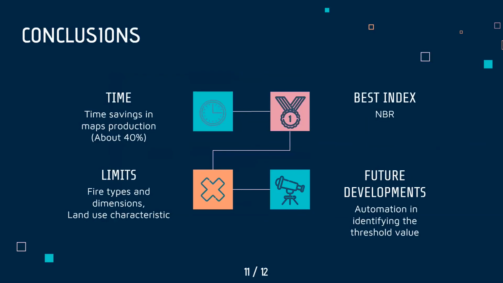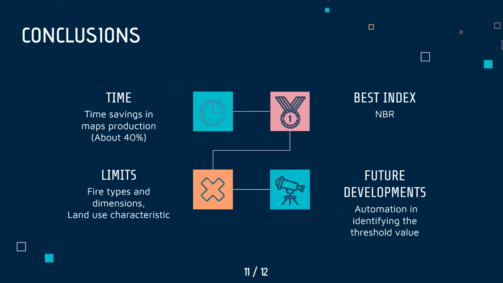In conclusion, we can say that our tool allows us to reduce the time by about 40%, which is really great for us, and that the best index is the NBR. Of course, we have some limits in this study caused by some factors like the fire type. In case of canopy fire, we will have a more homogeneous burnt area, and so the extraction by the tool will be more precise.